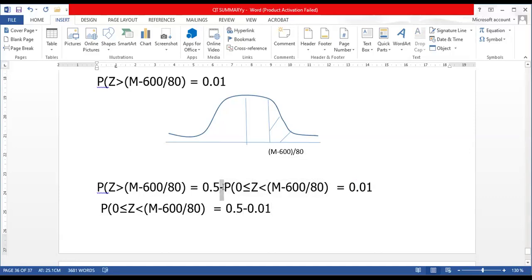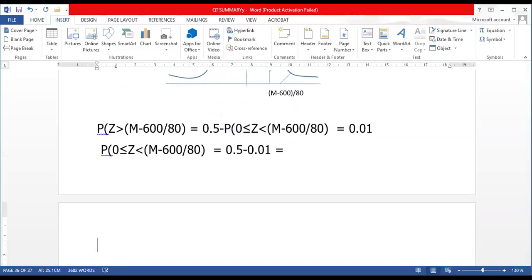Because this was a negative, I take it to the right side to become a positive. Then I bring this 0.01 to the left side, and if it crosses the equal sign, it becomes a negative rather than a positive. What do you get here? 0.49.